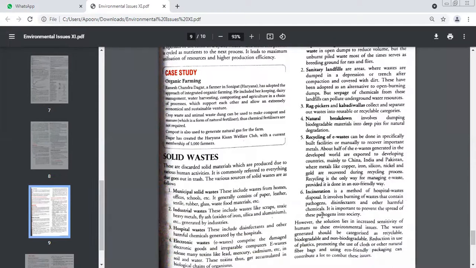I'm giving you 2 minutes. Read carefully both the points: incineration and recycling of e-waste.